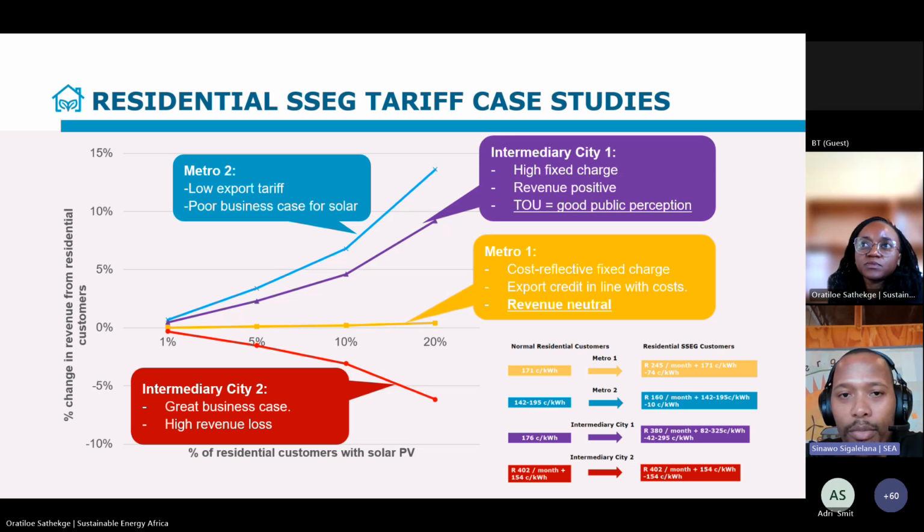Of course, colleagues, we've got municipalities here, and I'm sure most of them, if not all, are struggling with illegal connections. But we need to put ourselves in the shoes of a customer. What would make me, as a customer, register my PV? What's in it for me?